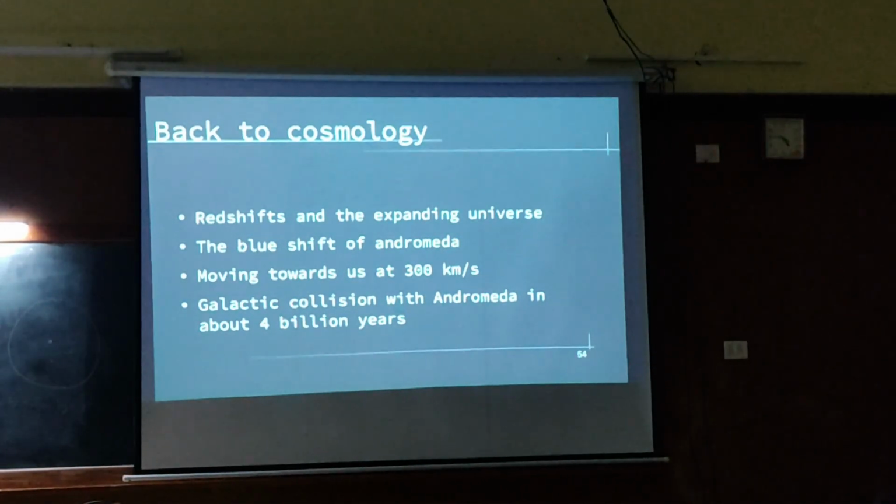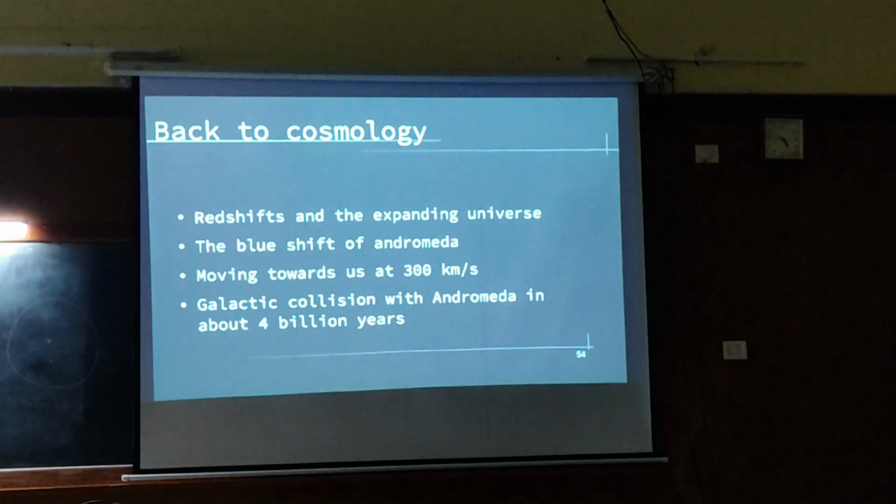So as I speak, we are in fact traveling towards Andromeda. If we just survive, eventually our island universe, the Milky Way, will merge with the island universe of Andromeda, and we will be in Andromeda.